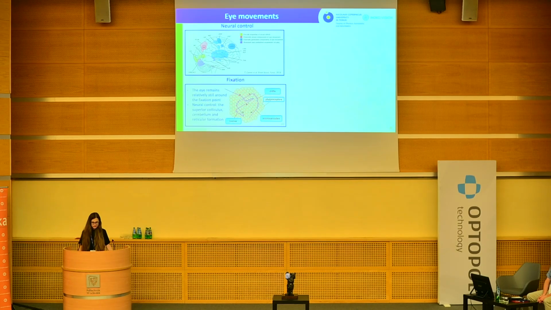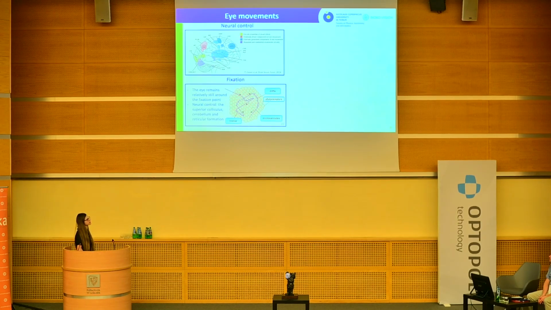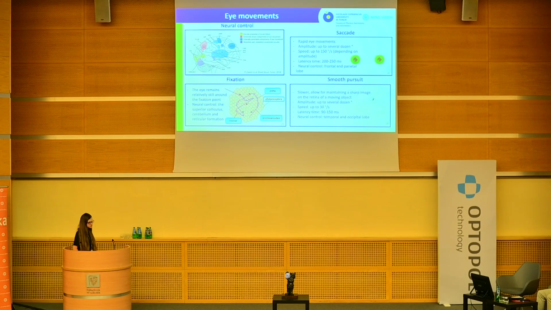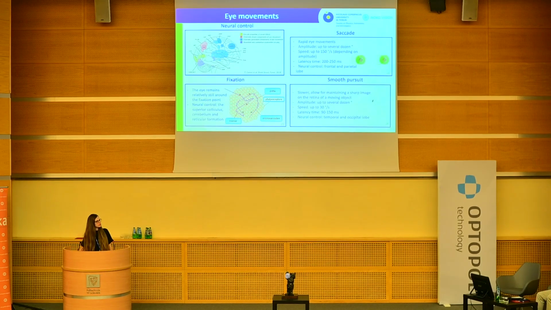And for this purpose, the ideal candidate seems to be eye movement, because when we look at this image, we can see how many structures of the brain are involved in the process of generating eye movement. This is basic knowledge that we have three main types of eye movements, but it is not so obvious that each of these types is controlled by different parts of the brain.